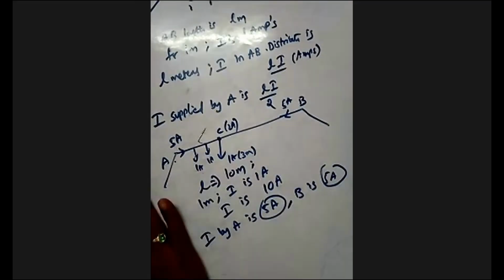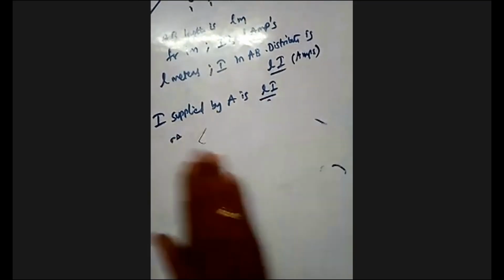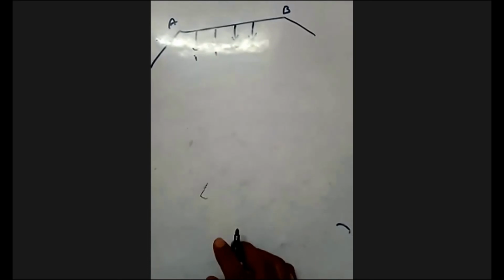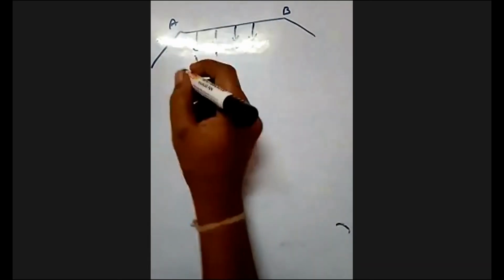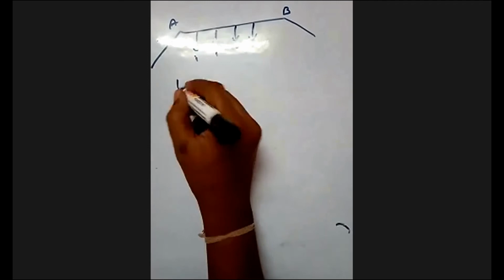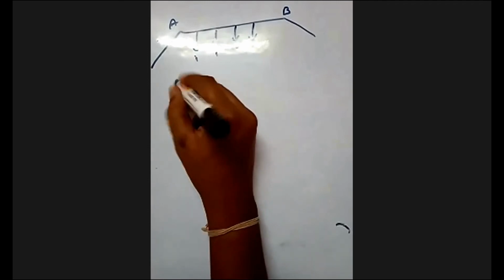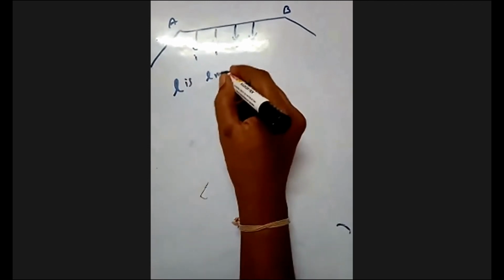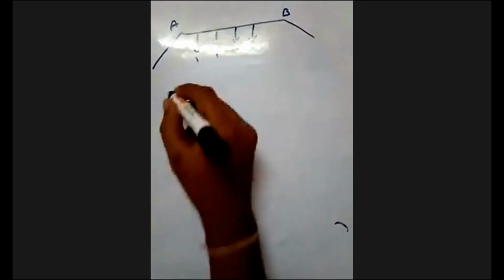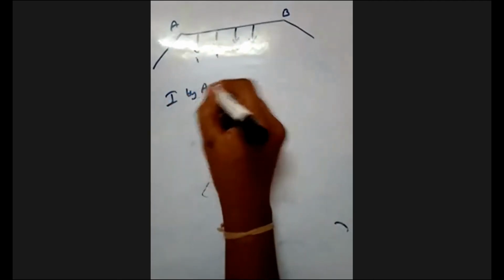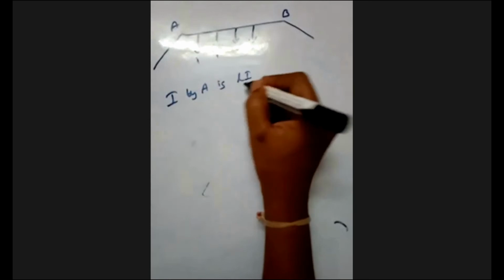Similarly, now we need to discuss the same example. The length of the distributor is L meters. The current supplied by source A is Li by 2.